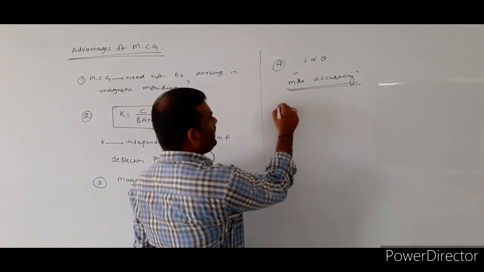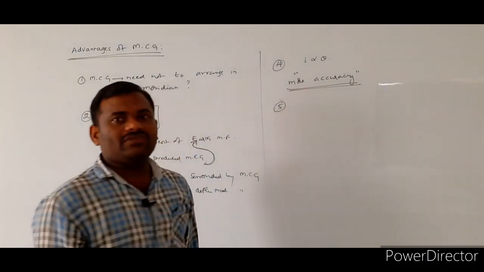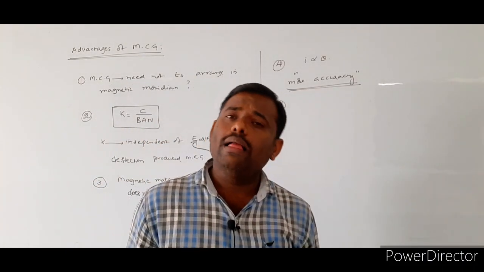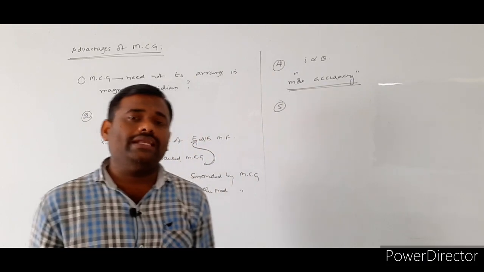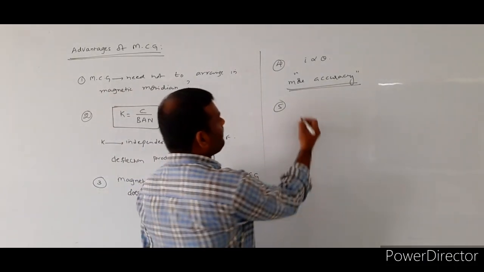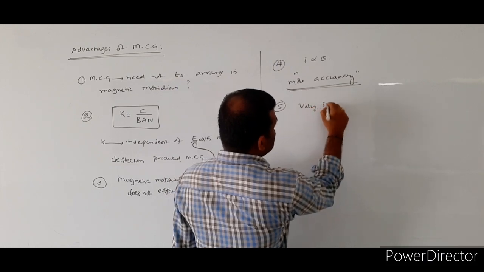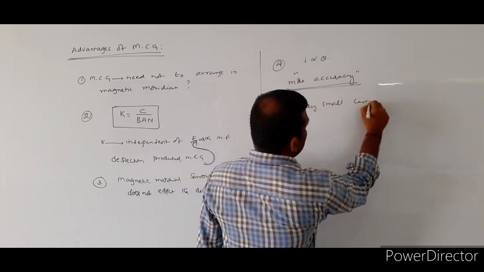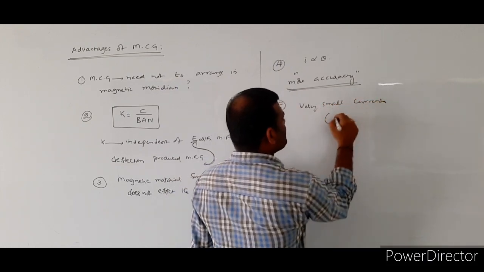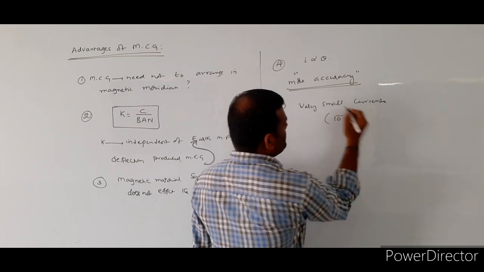And the fifth one is the main purpose of the moving coil galvanometer. What is the main purpose? By using the moving coil galvanometer, we are measuring very small currents. What is the small current range? 10 power minus 9 amperes.